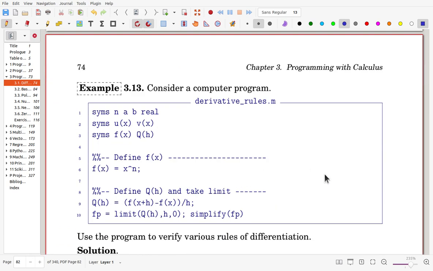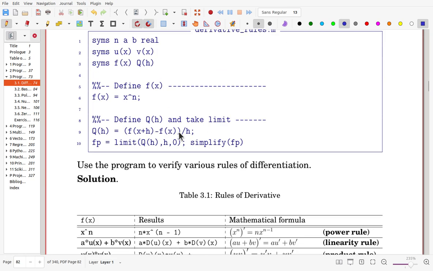Now, consider a computer program in MathTalent. Here we do some symbolic computation, and try to get a derivative by using the definition. First, for a given function, we formulate the difference quotient and take the limit as h approaches 0, but this result will be a little bit messy, and we simplify.